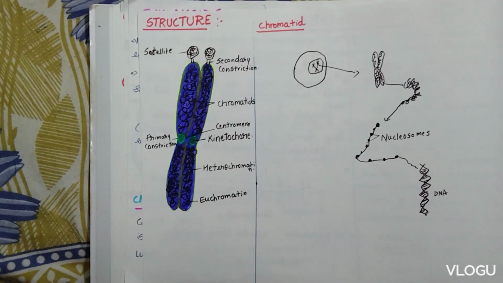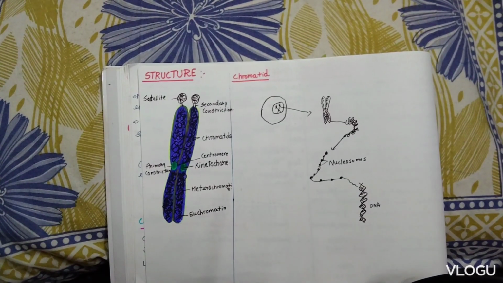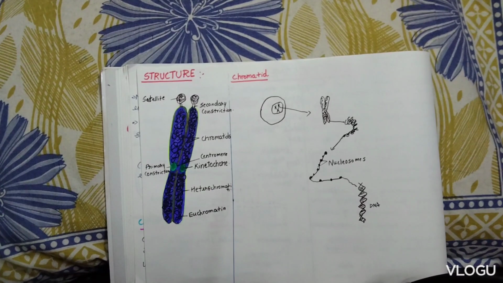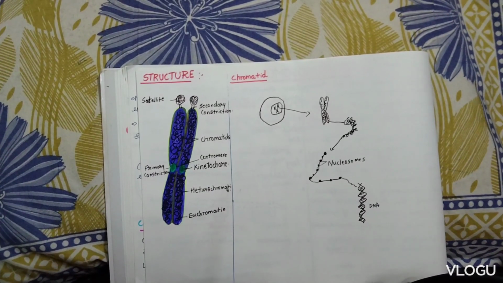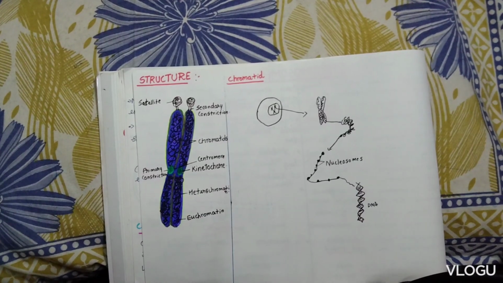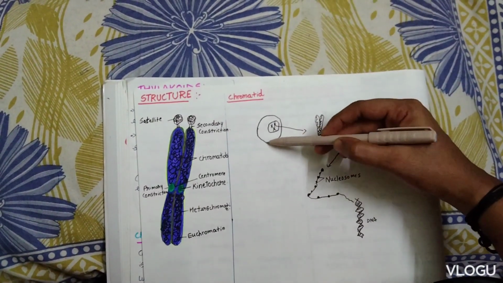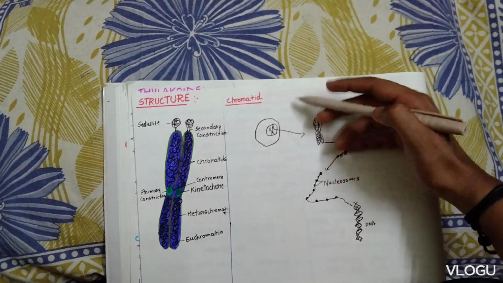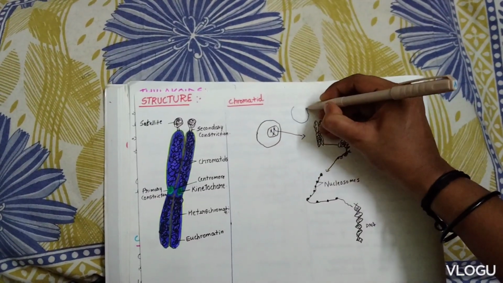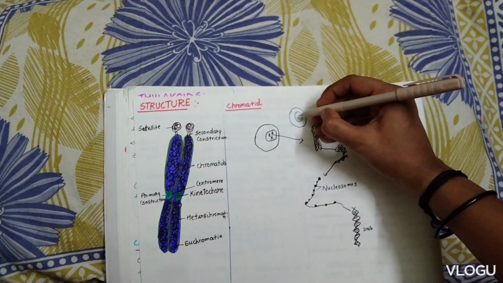In the metaphase only can you see this structure, that is chromosomes, which is important. Their structure can be studied properly in the metaphase stage because they are highly condensed in that stage. If you see here, this is the outer part, that is a cell. The cell will have a nucleus.